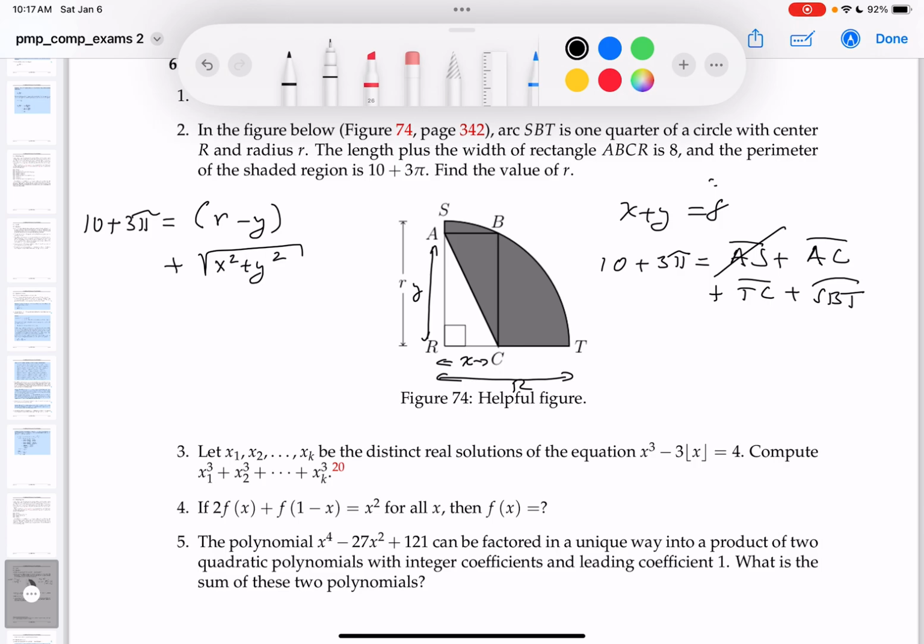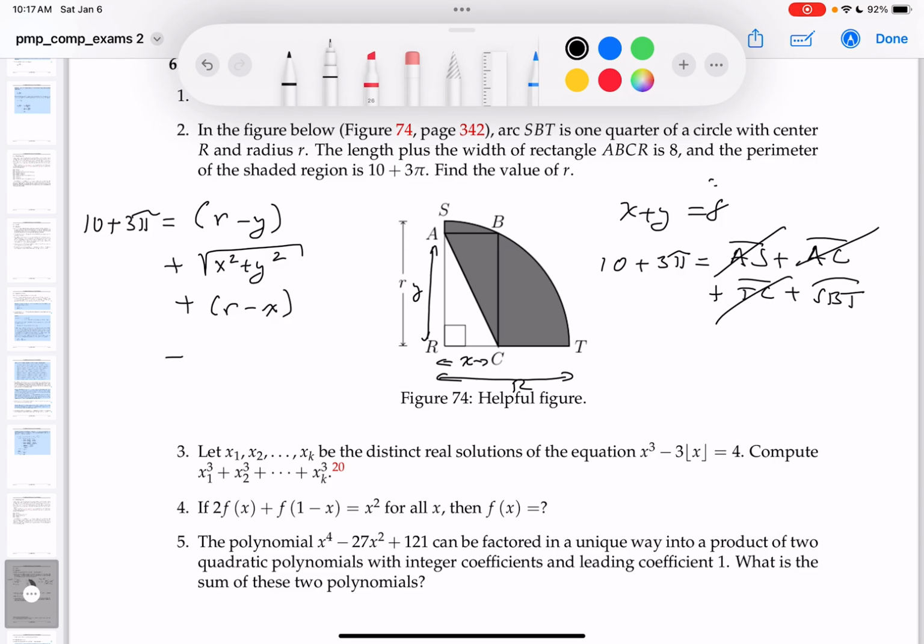Okay? Let's keep going. Let's do TC. TC is going to be r minus x. Okay, so I just did TC.